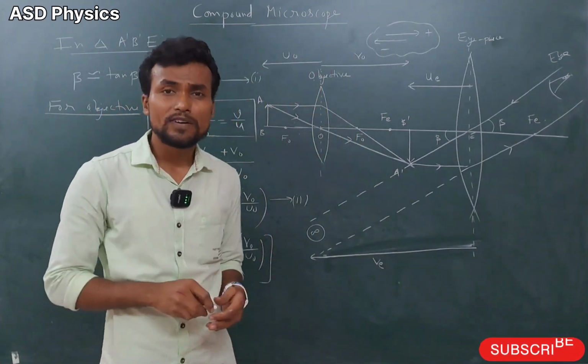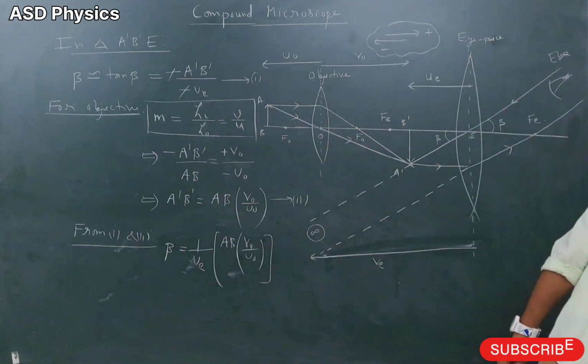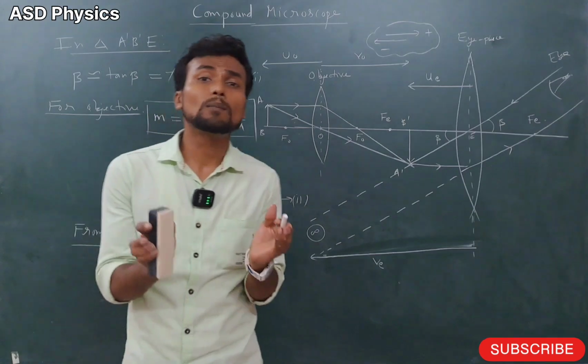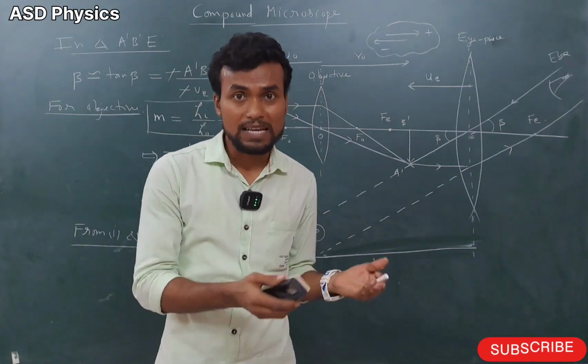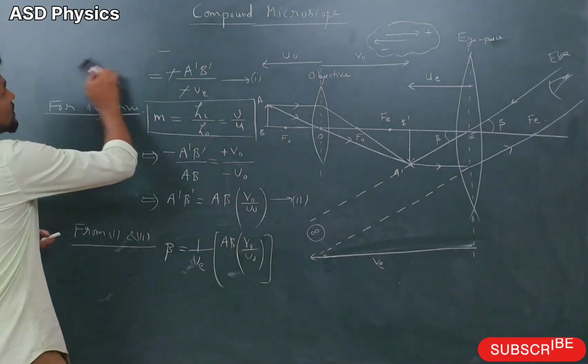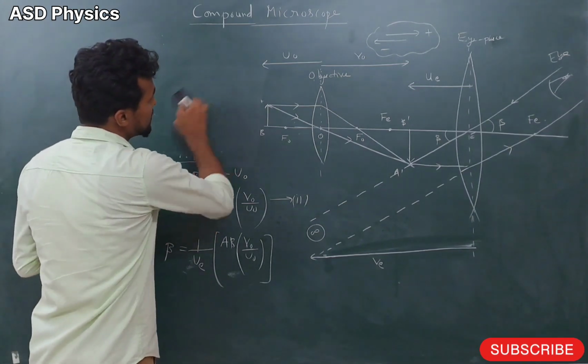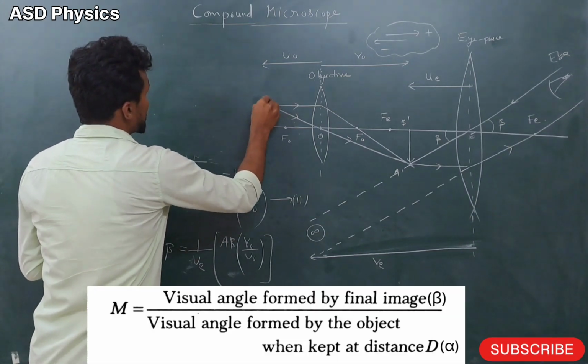Now my dear students, whenever we have to find out the magnification formula of the microscope, we need one formula of the magnifying power. I will write that formula, then after that we will use this beta here. So just guess please, what is the magnifying power of the compound microscope?